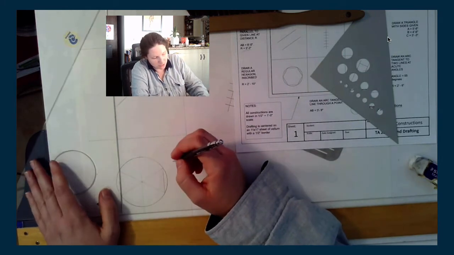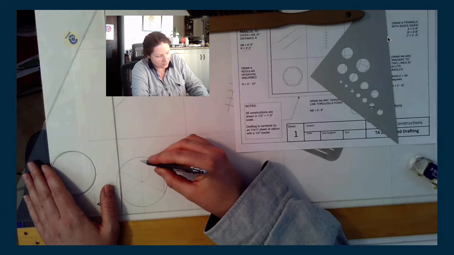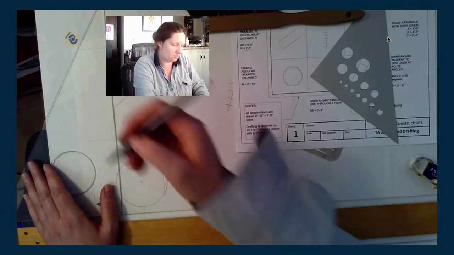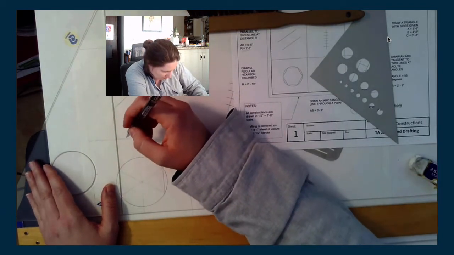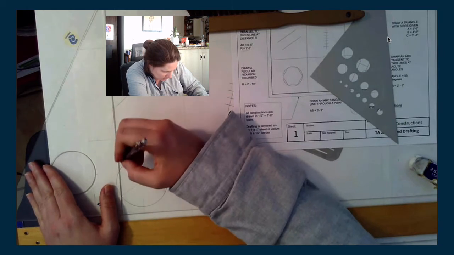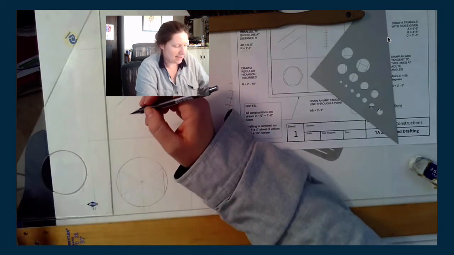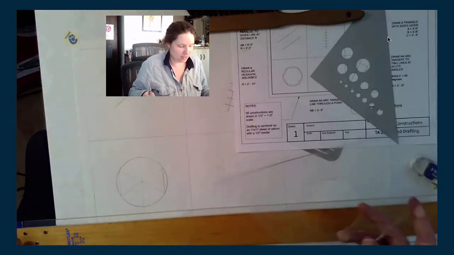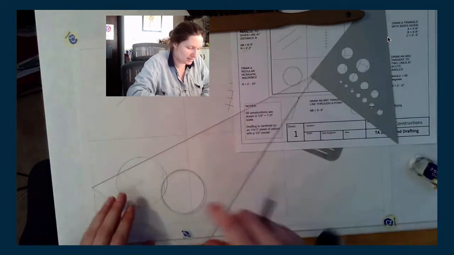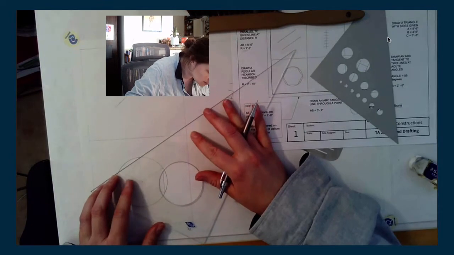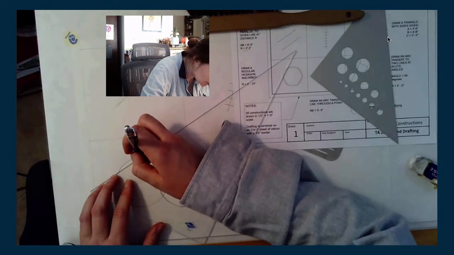If you did it the other way, if you went off of center for your diagonals, then you would take the T-square and make those perfectly horizontal lines instead of perfectly vertical ones. And then I can use a triangle or straight edge to come in and connect each of these points going around the circle.